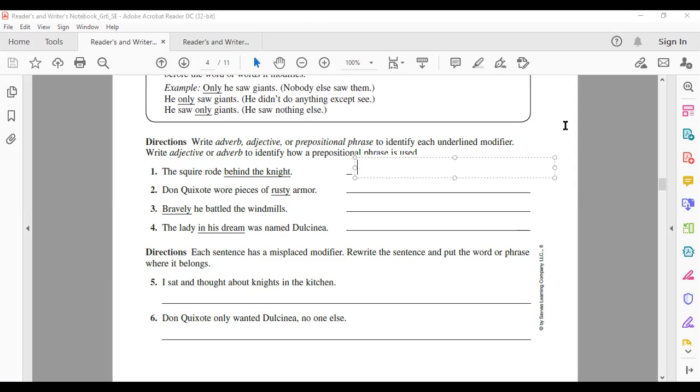The one that describes the verb, what do we call it, adverb or adjective? Adjective describes nouns. So it is an adverb. Okay, what kind of adverb? It's a prepositional phrase. This is the kind of it.